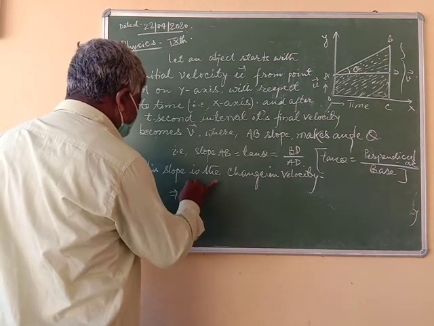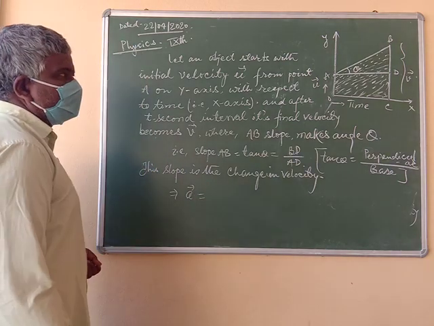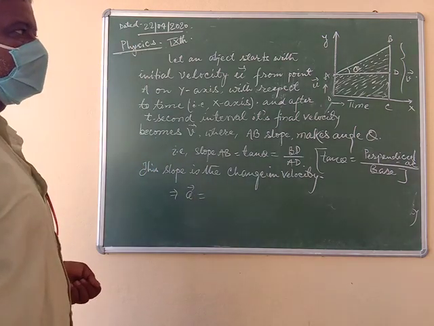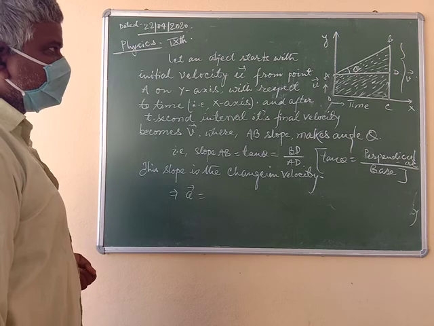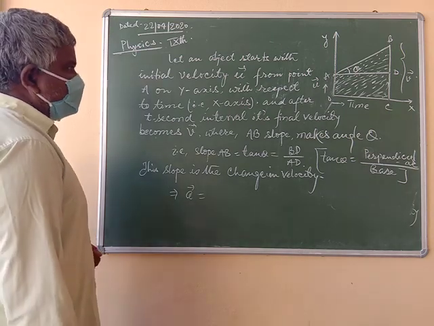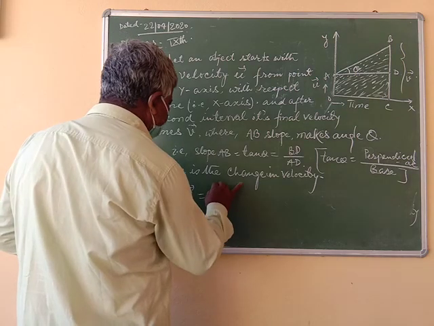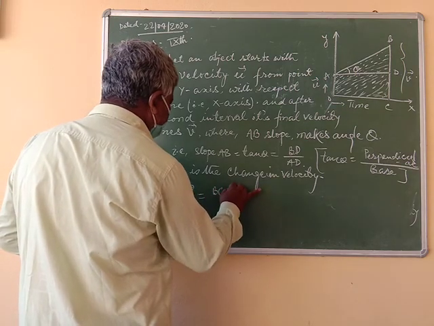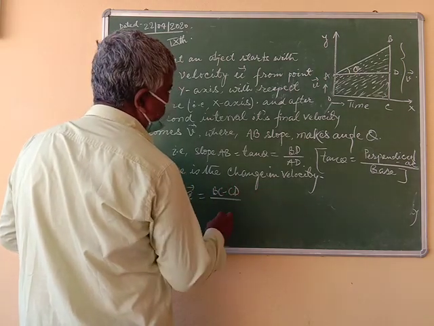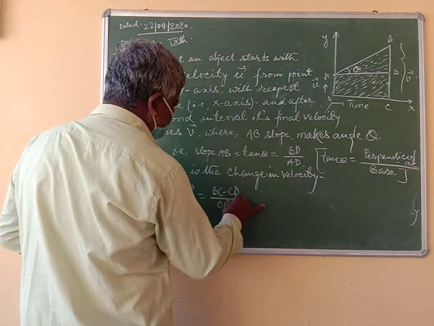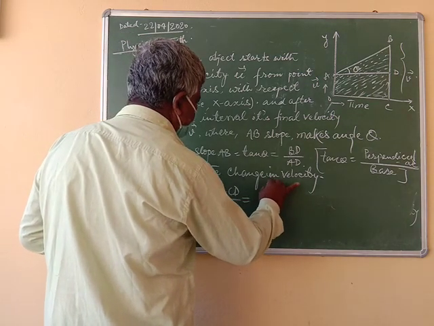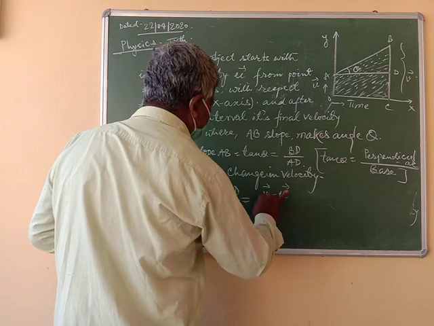That is, a is equal to BC minus CD over OC, which is v minus u over t.